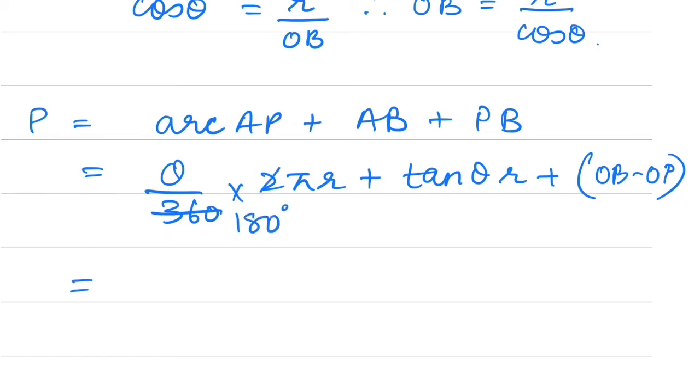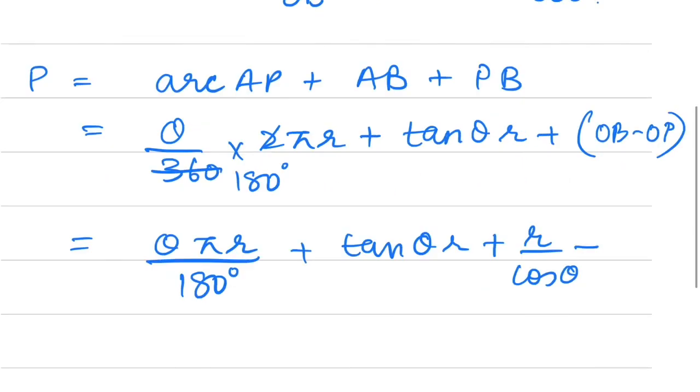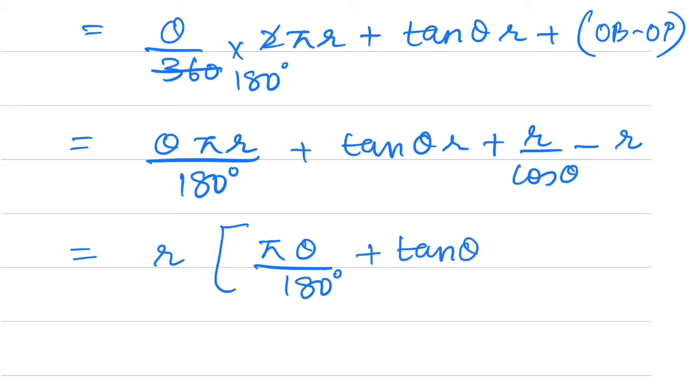So we have pi theta r divided by 180 degree plus tan theta r, and OB we have as r by cos theta minus OP is again r here, and we see r is common everywhere, so r into pi theta by 180 degree plus tan theta plus sec theta minus 1.